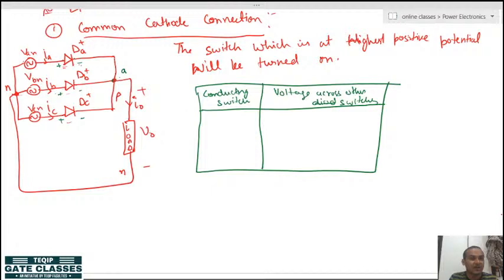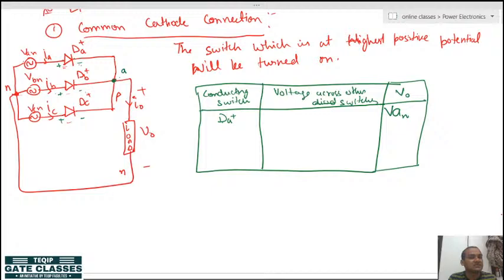Let's say the conducting diode is DA positive. What will be the output voltage V naught? If DA is conducting, the P point and N point come in parallel with A and N, so obviously the output will be VAN.